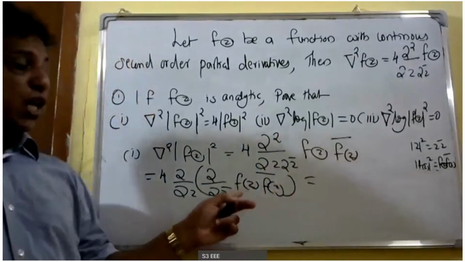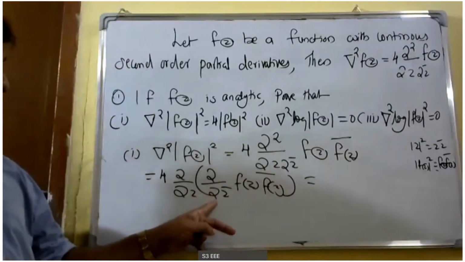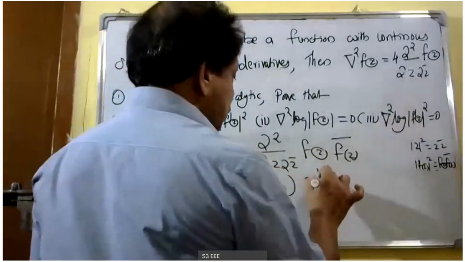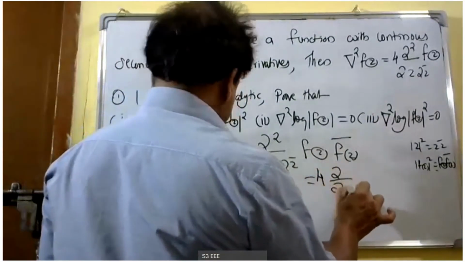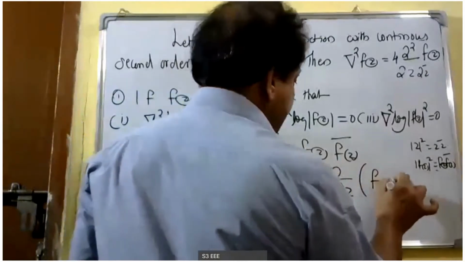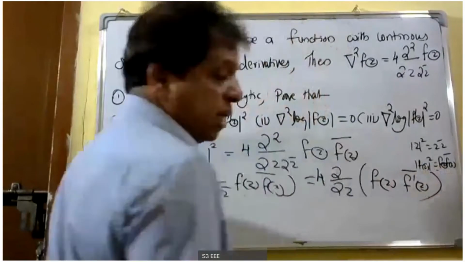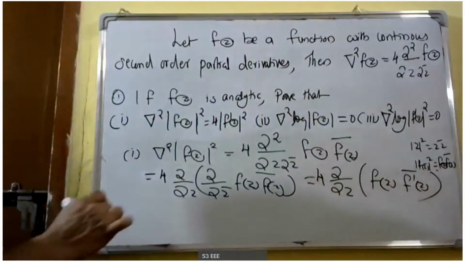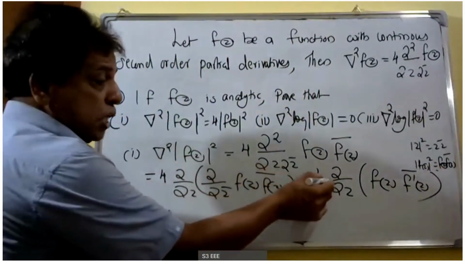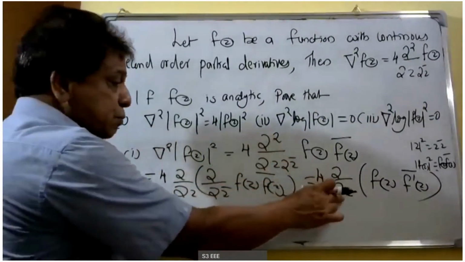First, we differentiate f of z into f of z bar with respect to z bar. Then we get 4 into dou by dou z of f of z into f dash z whole bar. Then again we differentiate with respect to z. First we differentiate with respect to z bar, then we differentiate with respect to z.